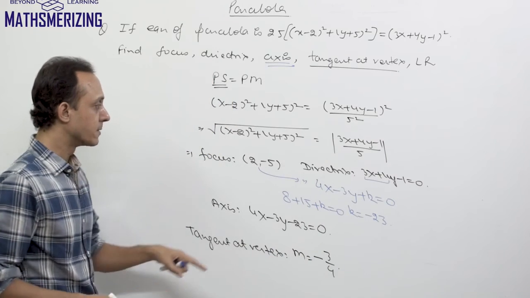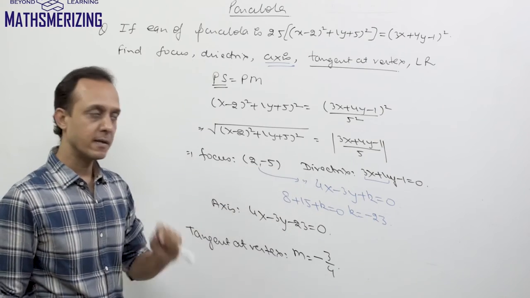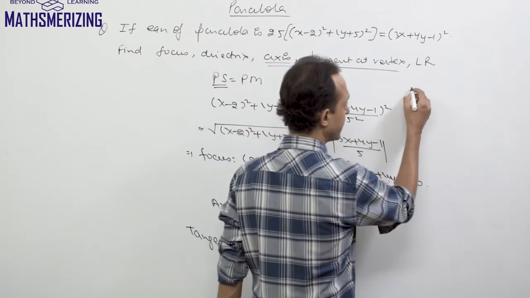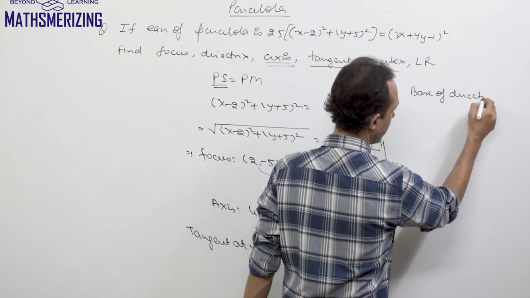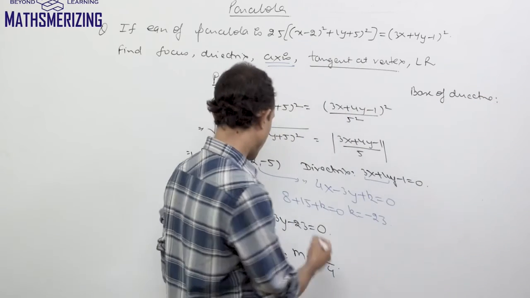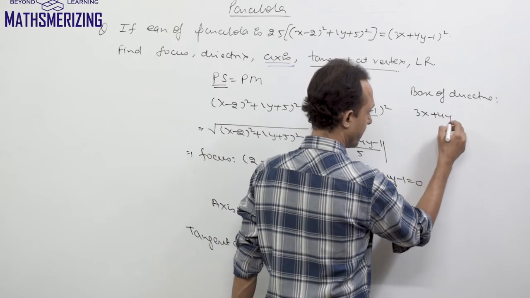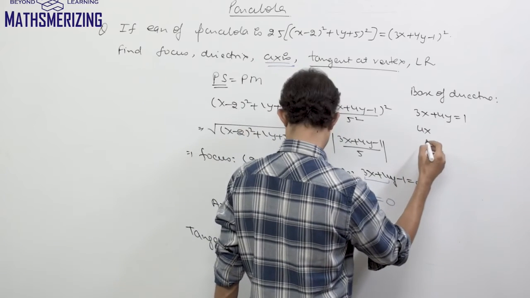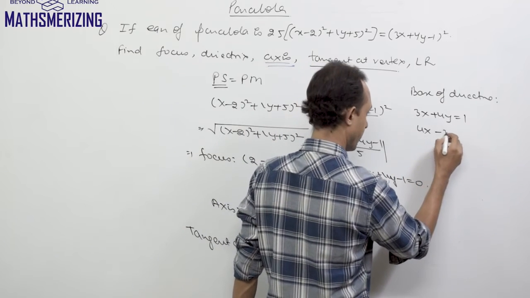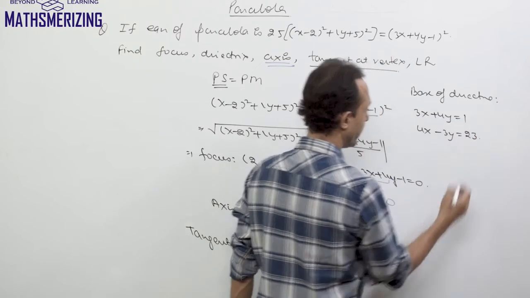Now first what we'll do is we'll solve these two lines and we'll find the base of the directrix. So I need to solve these two lines. The first line is 3x plus 4y equals 1, and the second one is 4x minus 3y equals 23.